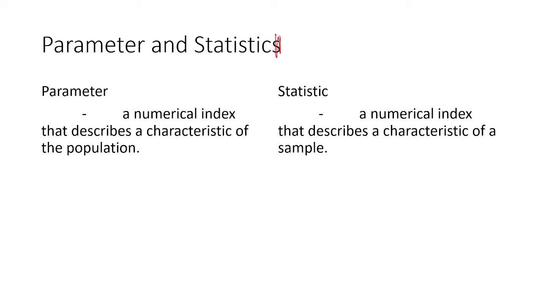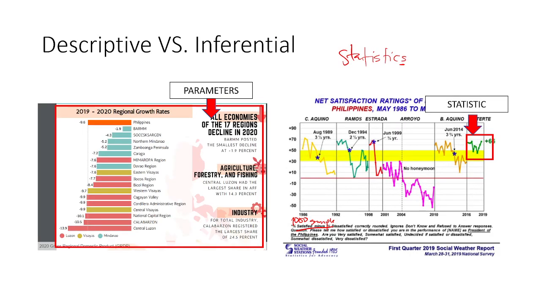We have here parameter, which is a numerical index that describes a characteristic of the population. Meanwhile, statistic is a numerical index that describes a characteristic of a sample. So, yun yung nakita natin dito kanina.